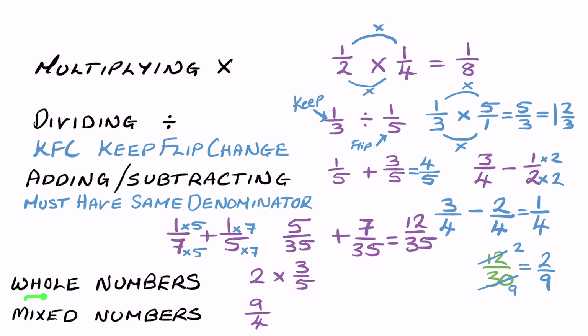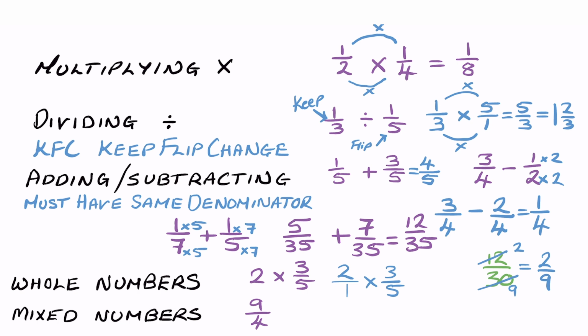Now let's have a look at whole numbers. These stump many people. If you get a question where you've got to either multiply, divide, add or subtract a fraction by a whole number, make the whole number into a fraction form. Just pop it over 1. 2, that's your whole number, multiplied by 3/5. I tend to do it faintly because I know then I'm dealing with a whole number.